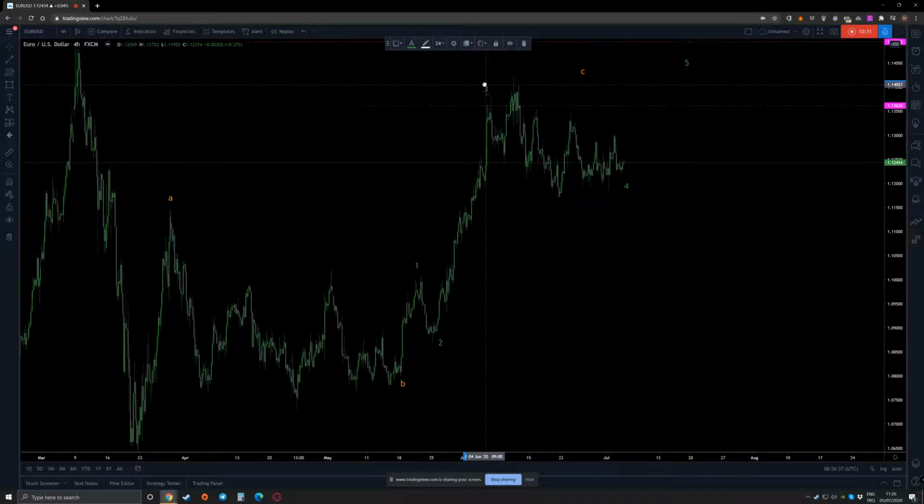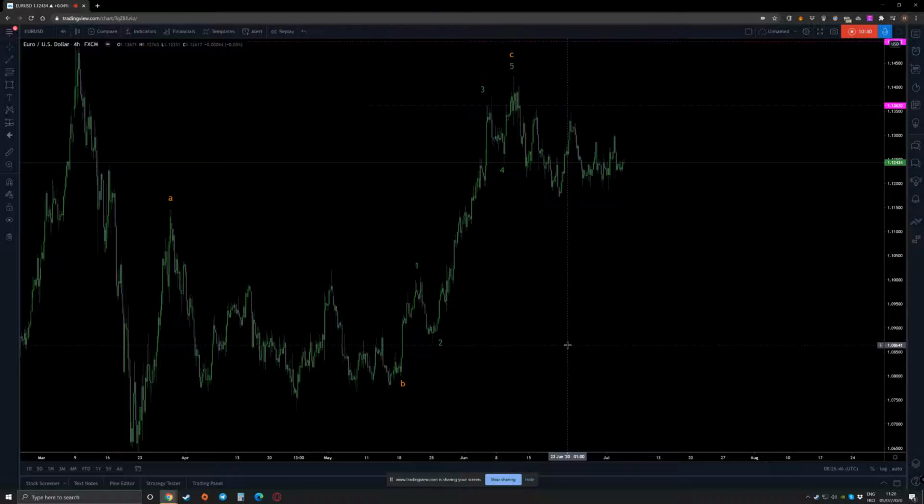Another possibility is this is the 3rd wave, this was the 4th wave, this was the 5th wave, and we are done with the C wave here. Okay? Now look, all these possibilities and all this stuff change exactly when you change the place that you start. So it means that this is why it's so crucial to know on the big picture where you are. Okay?